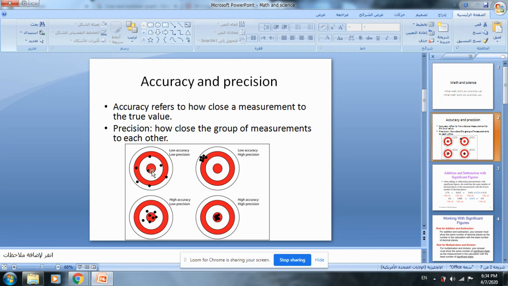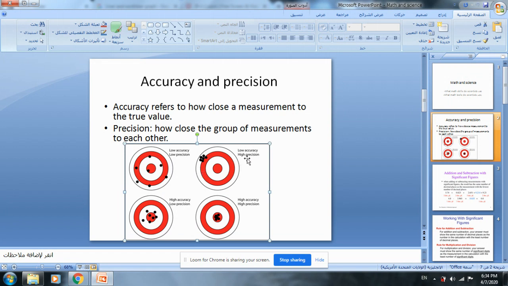Precision, if you look here, we have one, two, three, four figures. First one, we have low accuracy, low precision. Why? Because the measurements are away from each other, and they are not close to the true value, which is the target. Here, low accuracy and high precision.